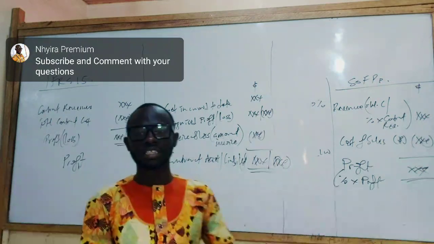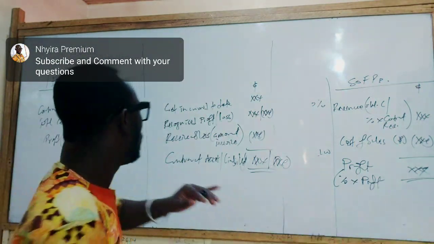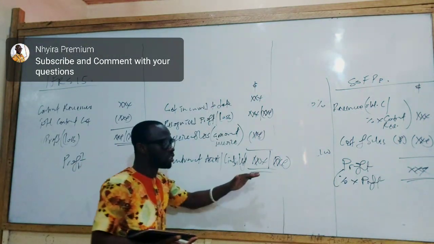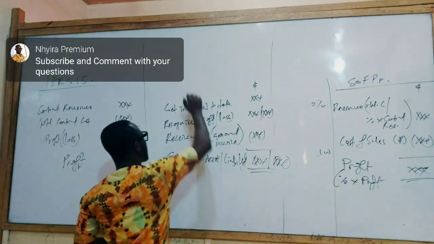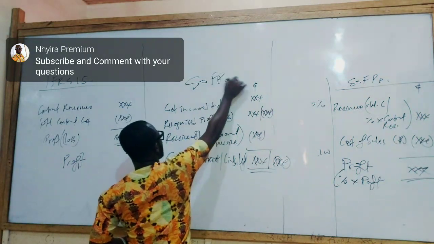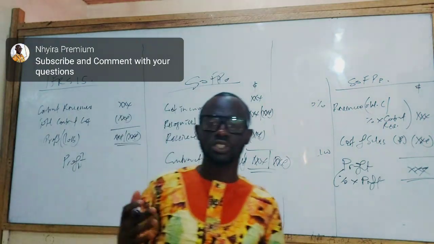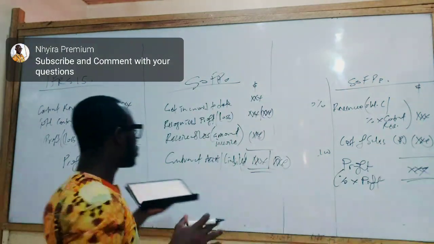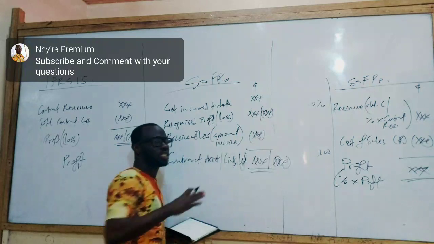Okay, so this is the pro forma on how we are going to be accounting for. This is for the statement of financial position. So in our statement of financial position, to show the contract asset or liability, this is what we do.